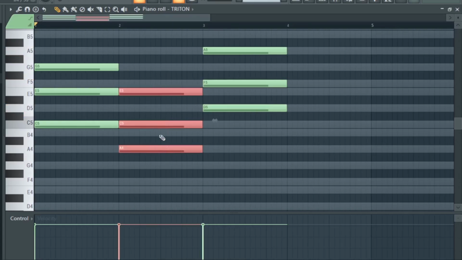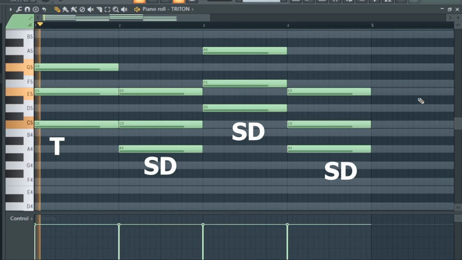Maybe copy the sixth and then end the progression with that. Remember, the resting place is the tonic, so it loops back to the first, which is so typical, from subdominant to dominant.